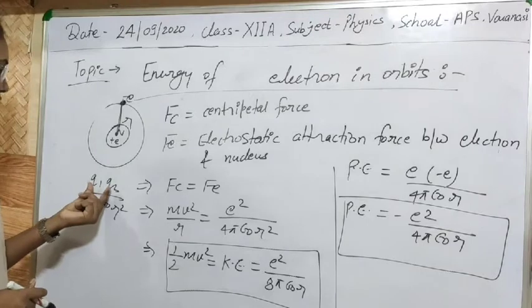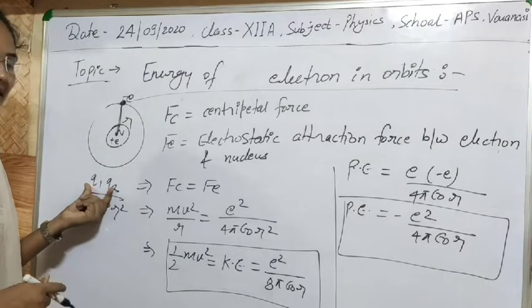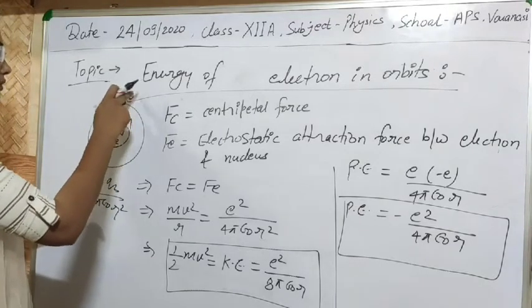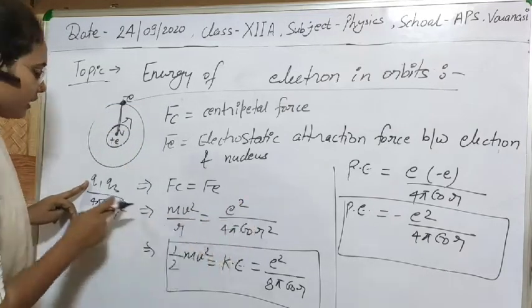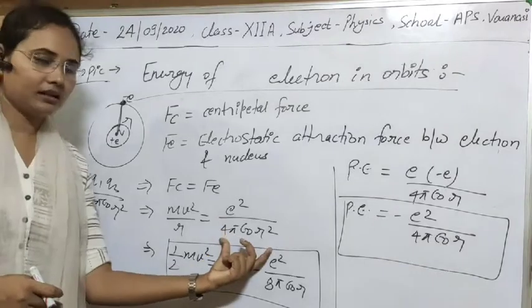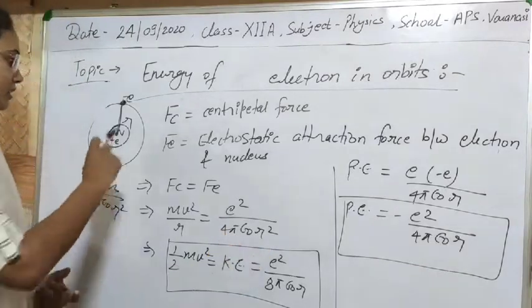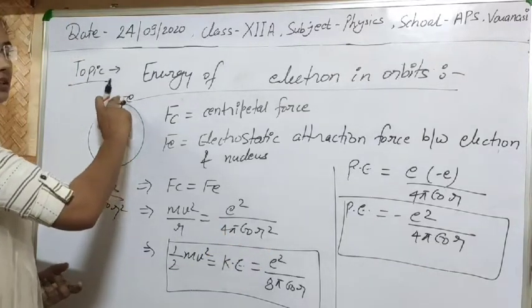Here q1 and q2 are magnitudes of charges, so the charge of the electron is e, and e, so there will be e square upon 4 pi epsilon 0 r square. Clear? r is the distance between this point and this point.